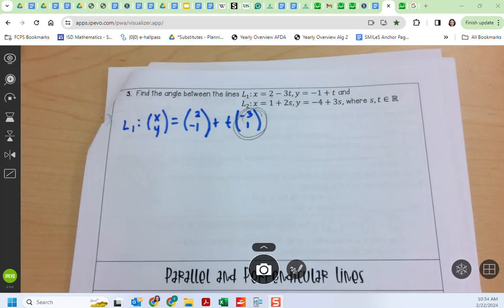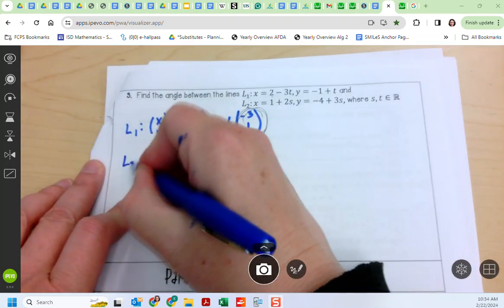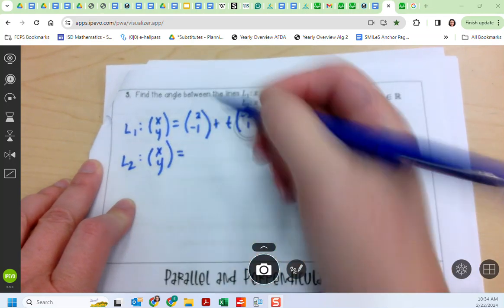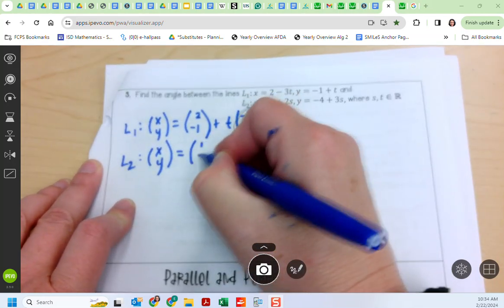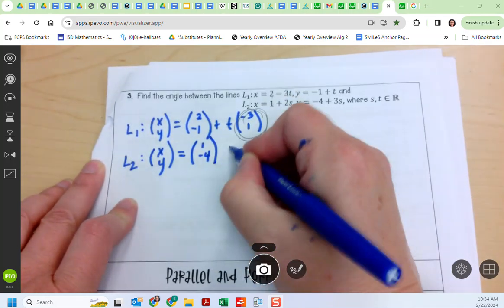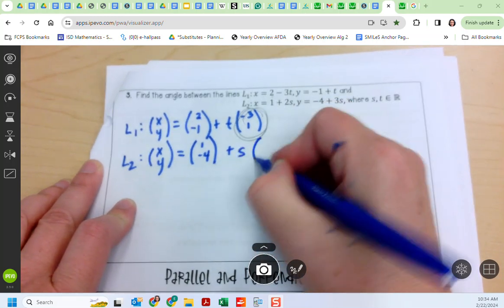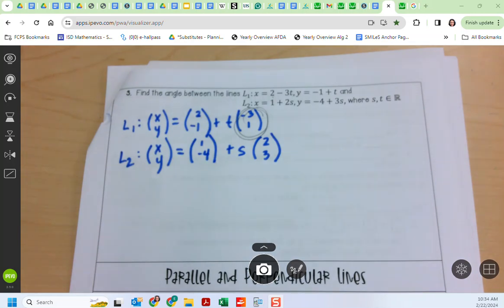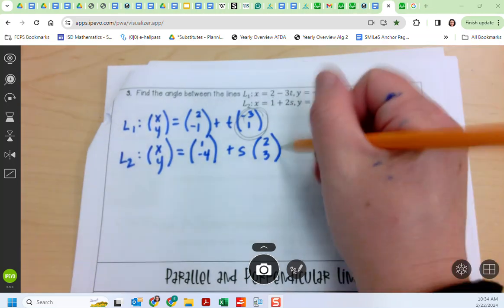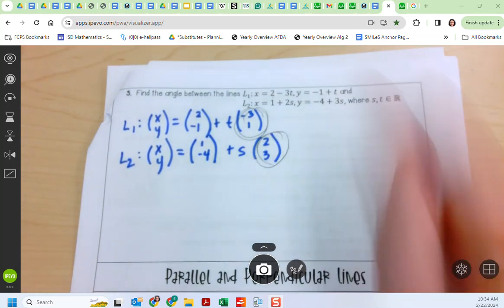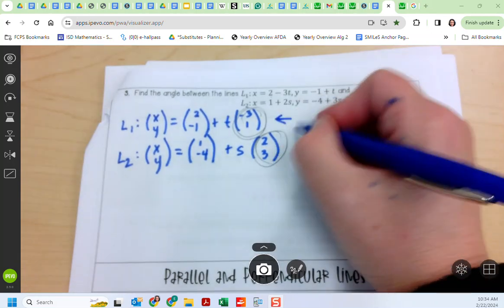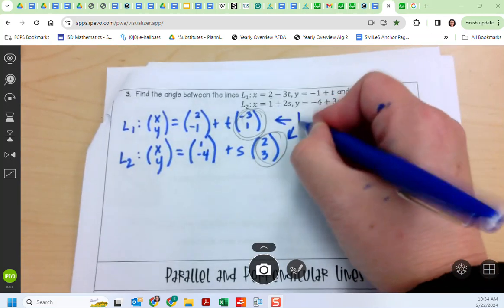All right, so for L2, you should have x, y equals 1, -4 plus s times 2, 3. And these are your direction vectors. This is the important part. This one and this one, those are the direction vectors.